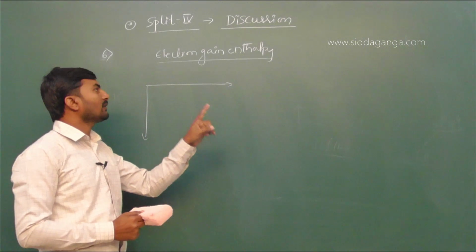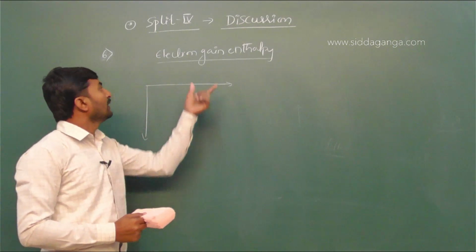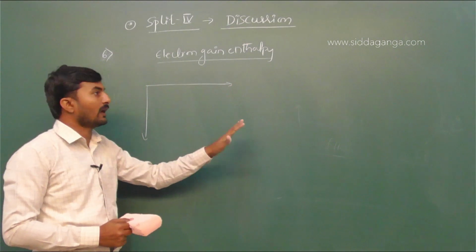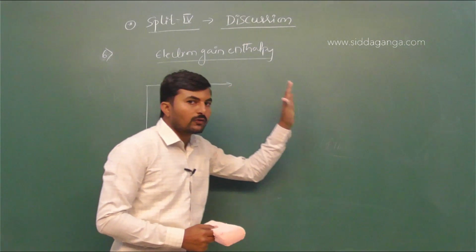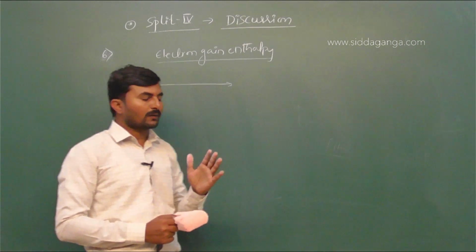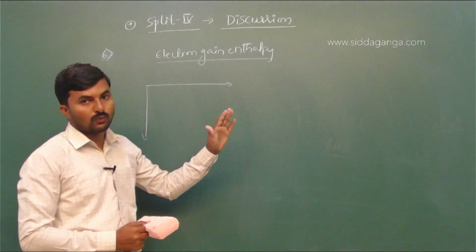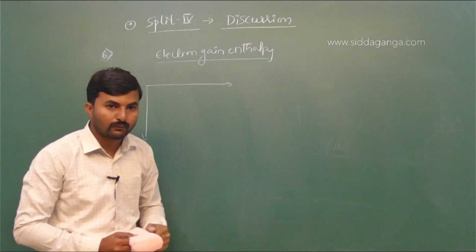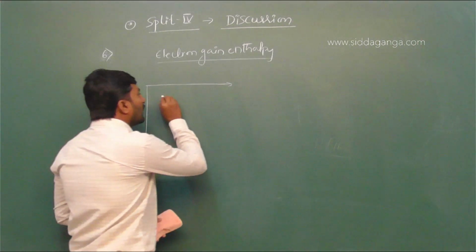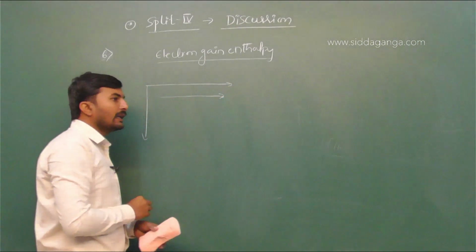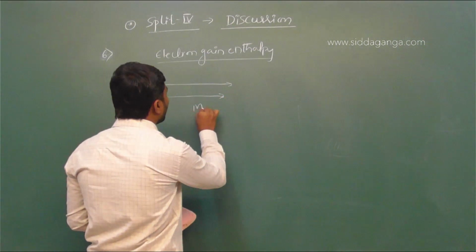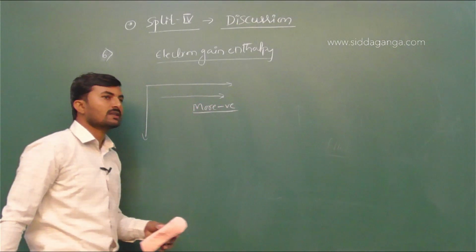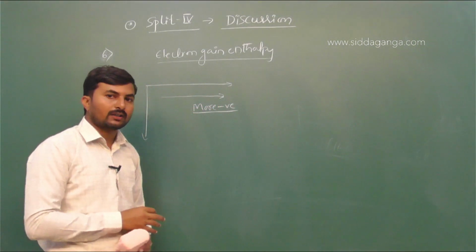So when an electron is added into those elements, a change in electron gain enthalpy takes place. That is why as we move from left to right of our periodic table, or along the period, electron gain enthalpies become more and more negative. As we move along the period, electron gain enthalpy becomes more negative. More negative means more tendency towards acceptance of electrons.